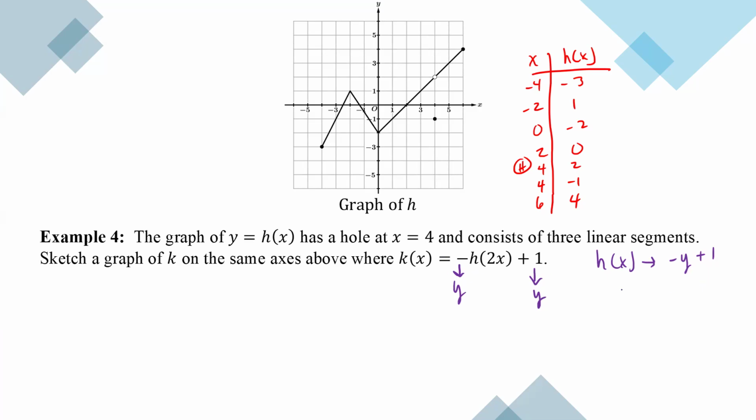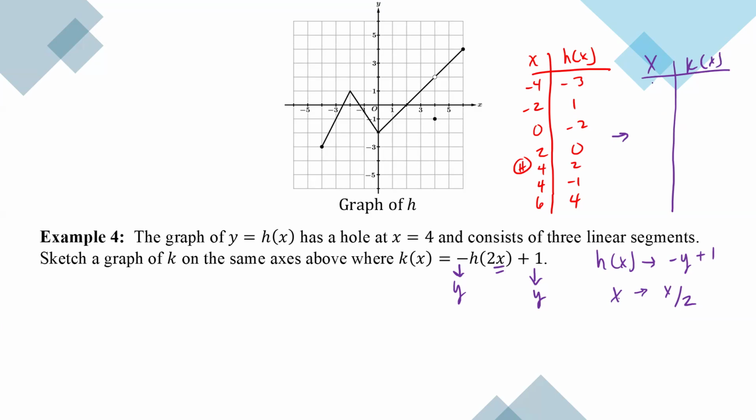Okay, what's happening to my x values? I'm dividing by 2. So each x value is going to be divided by 2, and that's going to be my new table. Coming over here, we're going to have our new x's, and this is going to be for our table k of x.